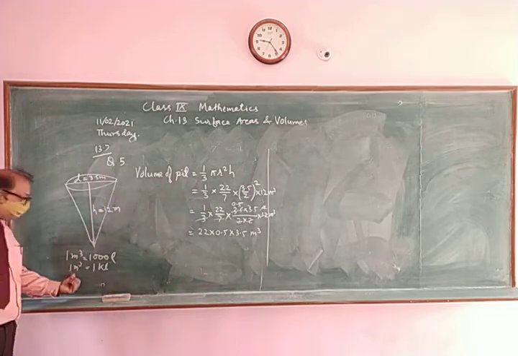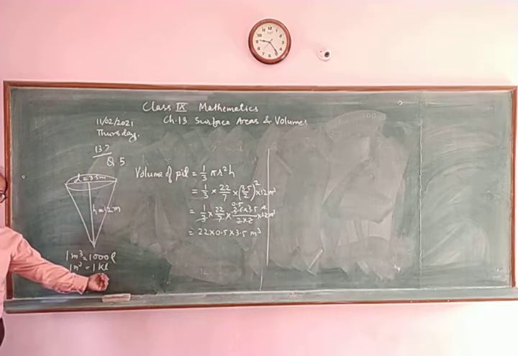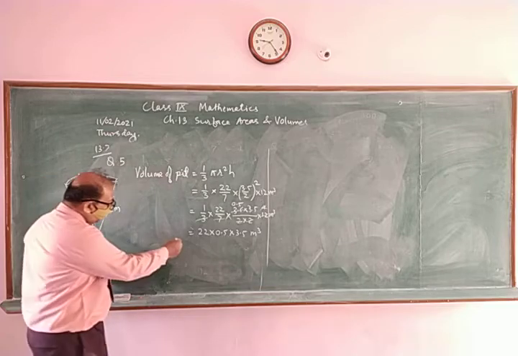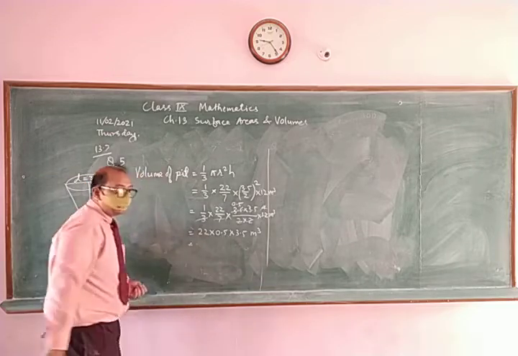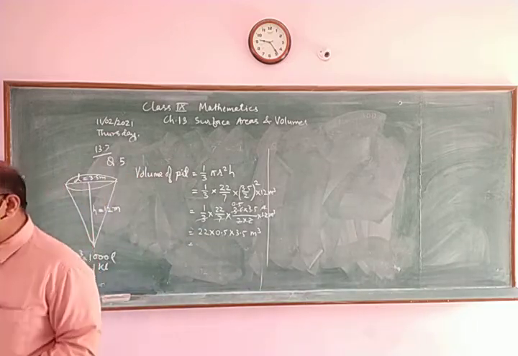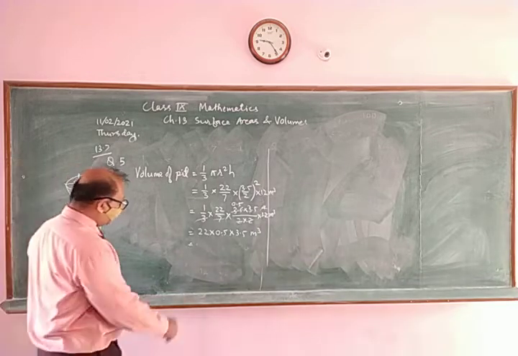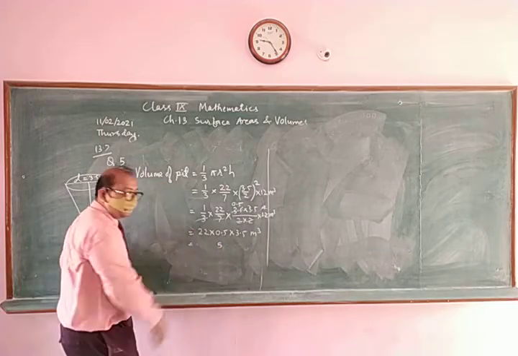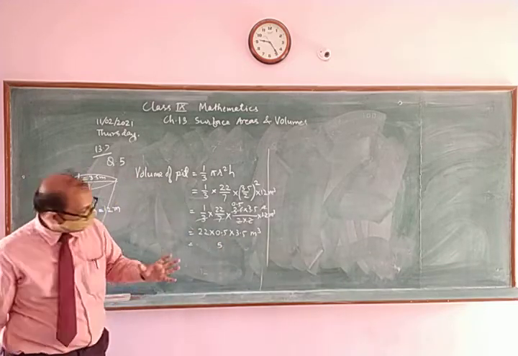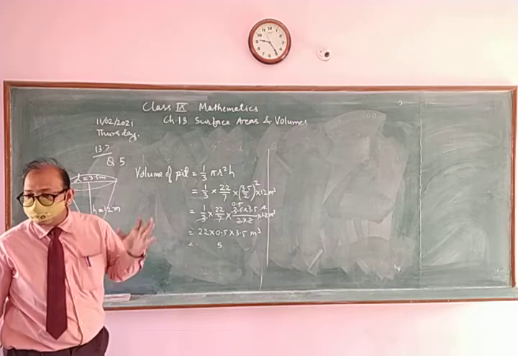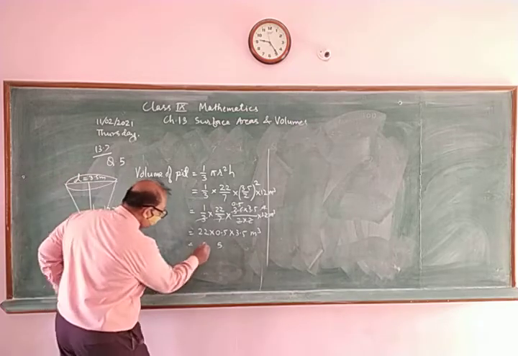Now, you see that 1 cubic meter is equal to 1 kiloliter. So multiply it. 22 into 0.5 is 11. 11 into 3.5. 11 5s are 55. Carry 5. 11 3s are 33 plus 5, 38.